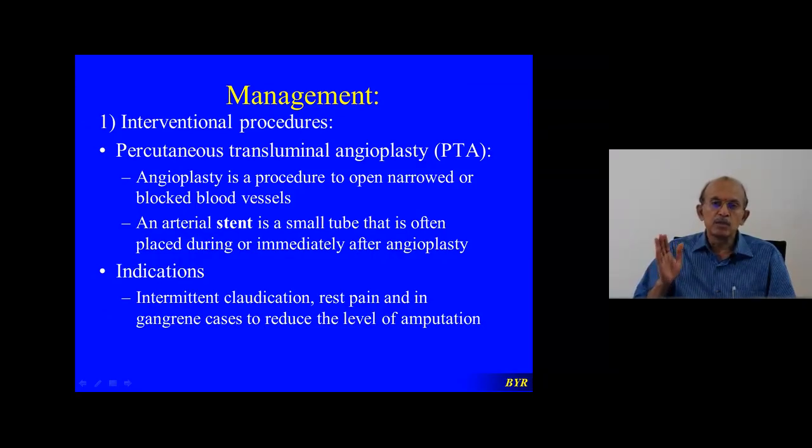So the part which is gangrenous can be removed. This is called the salvage operation, limb salvage operations. So even if the patient is having gangrene, you can do the interventional procedure.